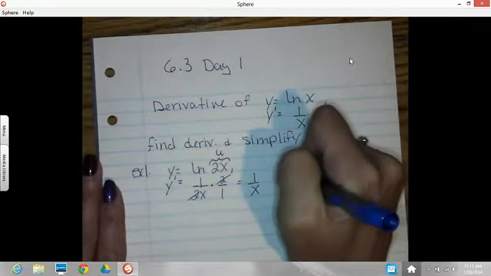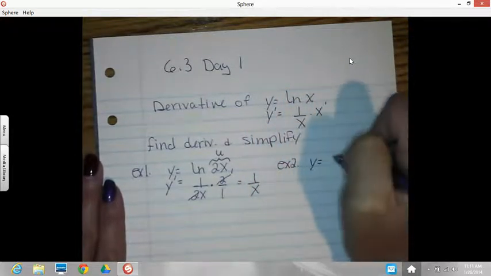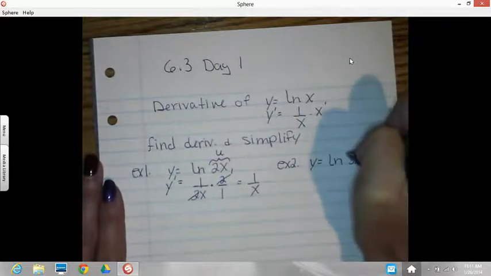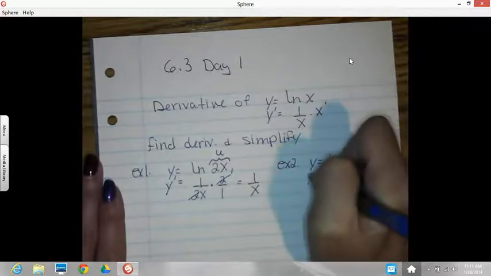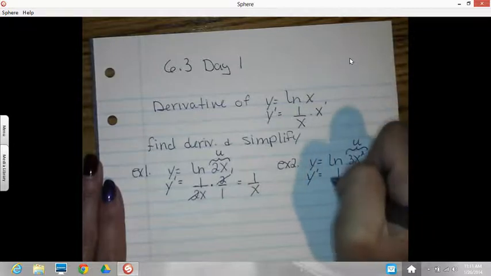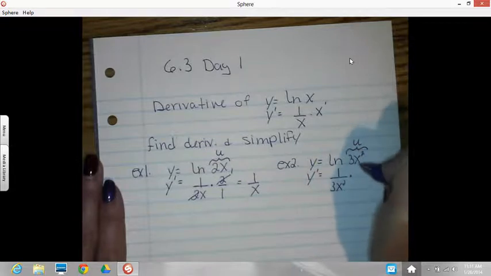Number 2. Y equals natural log of 3x squared. So this whole thing is my u. Natural log of u. So the derivative would be 1 over u. So 1 over the 3x squared times by the derivative of just the u.